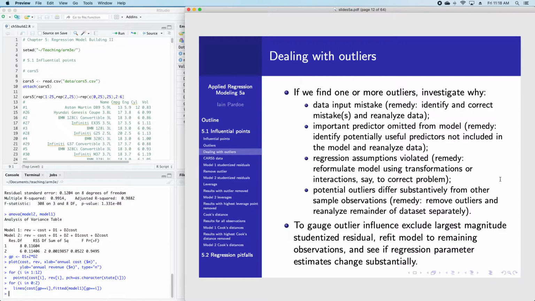It's possible that although that point is different from all the others, it doesn't actually have much of an impact on the model, in the sense that if we were to exclude that point and reanalyze the model for all the other points, we end up with a very similar model in terms of the coefficient estimates, how well the model fits, and so on. That's the strategy we're going to use here: if we analyze a data set and find an outlier, we're going to remove it from the data set, reanalyze the model on all the other data, and see whether things change much.